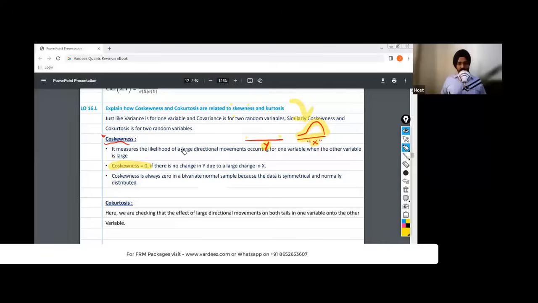Remember, skewness measures the large movements, the outliers, right? Now, here is a point that I need you to understand. Co-skewness is always 0 in a bivariate normal sample because the data is symmetrical and normally distributed. Okay. Now, what do I mean by that? What is a bivariate?